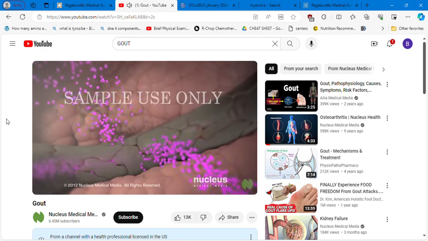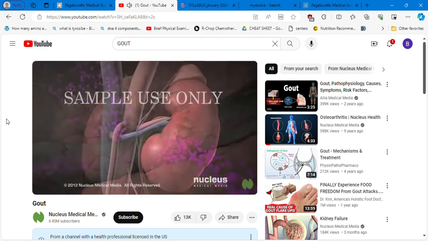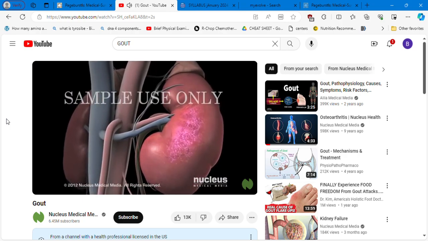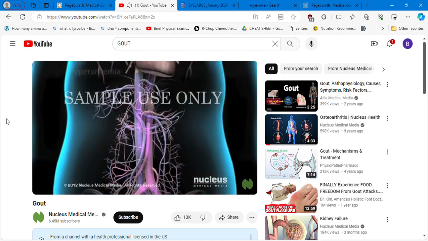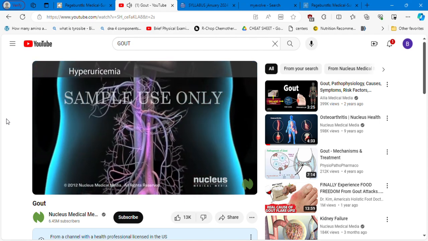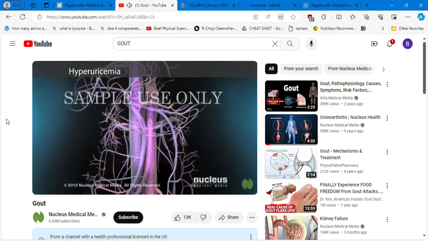When your liver produces too much uric acid, or your kidneys do not remove enough of it from your body, excess uric acid accumulates in your blood, resulting in a condition called hyperuricemia.